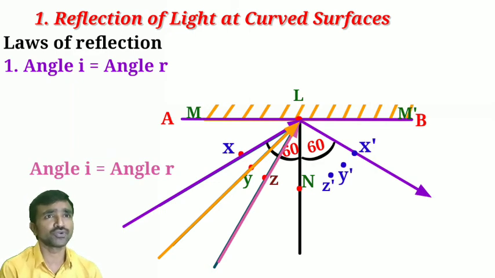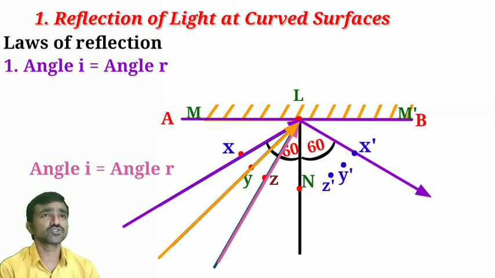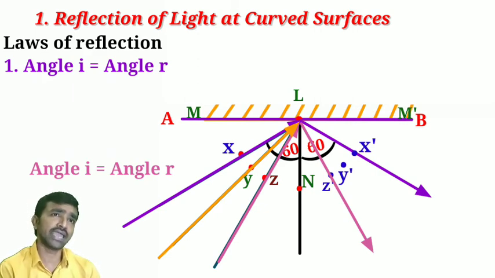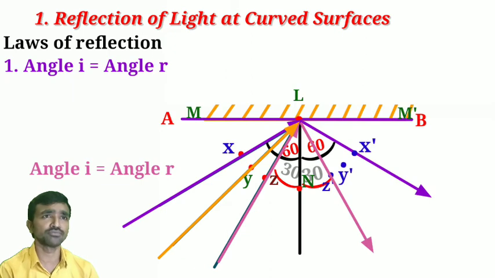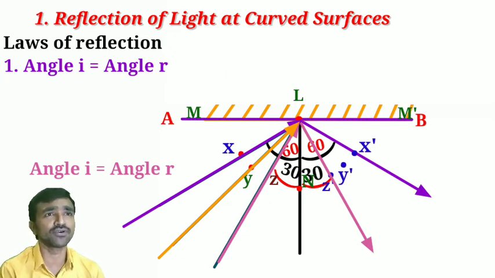One more I will show you along ZL. The angle made with the normal line NL by the reflected light ray is 30 degrees. So incident the light ray, trace the path of the reflected light ray, then measure the angle of reflection. Here also you will find that the reflected angle is 30 degrees. From this also you can realize that angle of incidence is equal to angle of reflection.